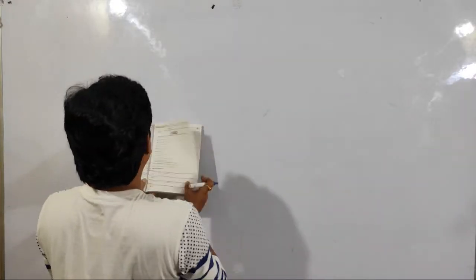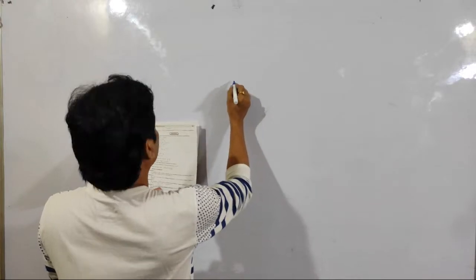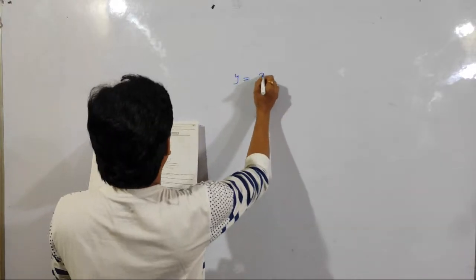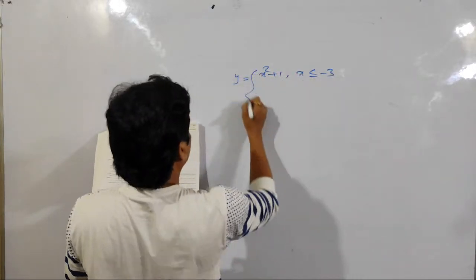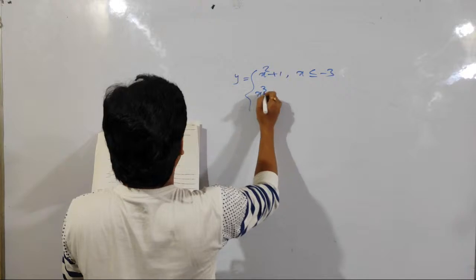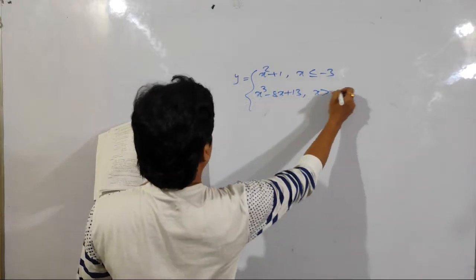See here, another question. Y is equal to x square plus 1 when x is less than or equal to minus 3, and x cube minus 8x plus 13 when x is greater than minus 3.